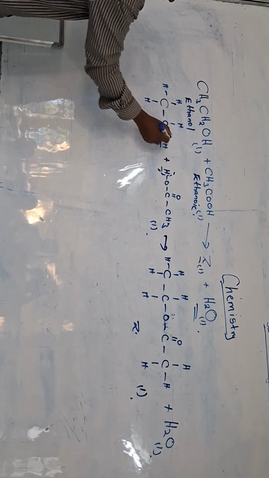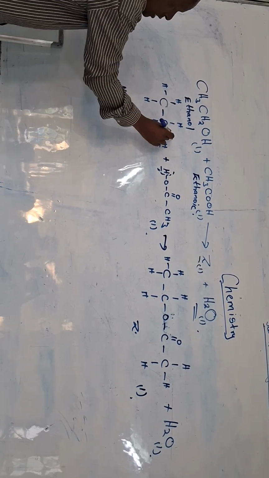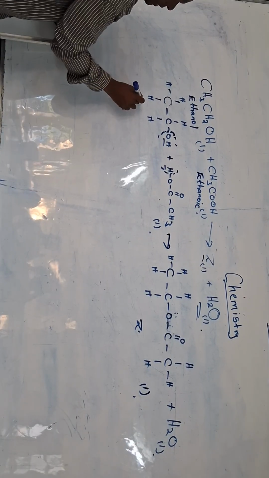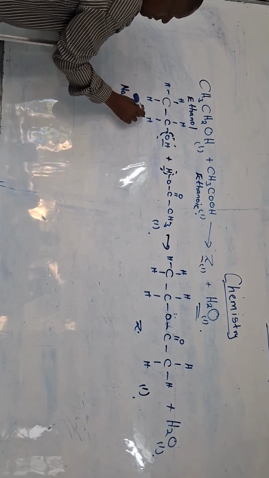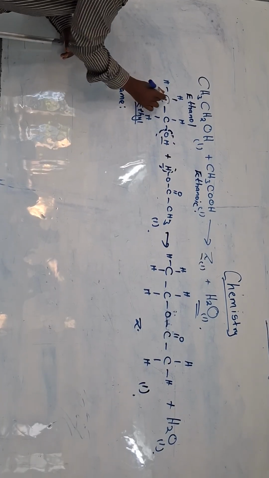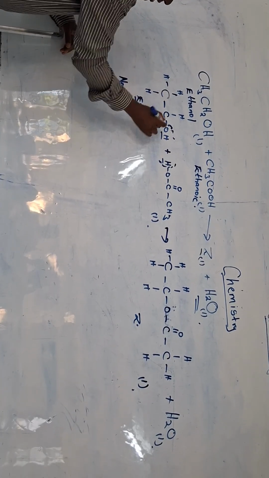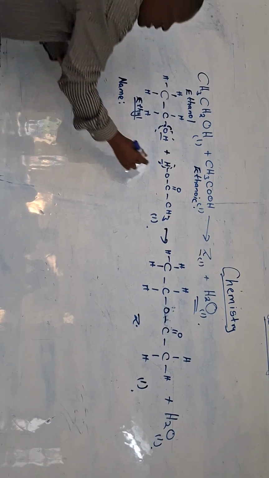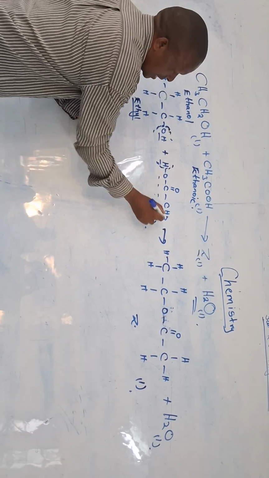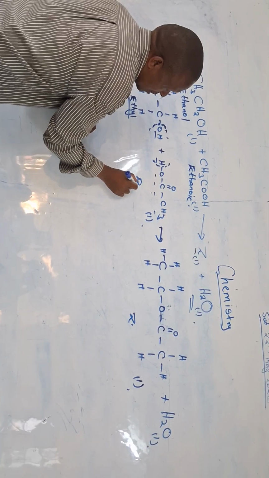The alcohol lost the hydroxyl group, then it remained the ethyl group. So the first part of the name will be ethyl, because when OH was lost, then you have CH3CH2 dash, which is an ethyl group. When ethanoic acid lost hydrogen, the remaining part, which is this, is an ethanoic part.